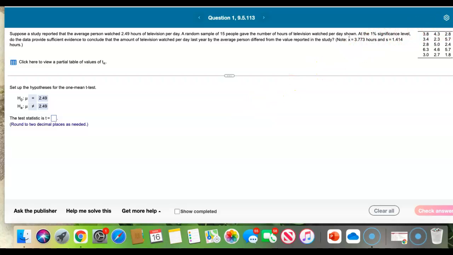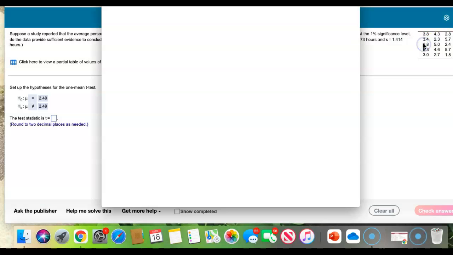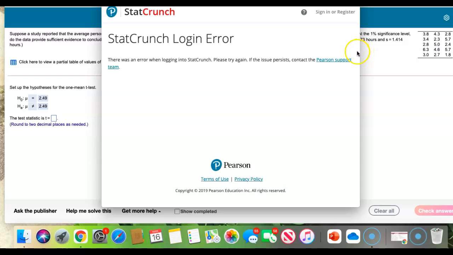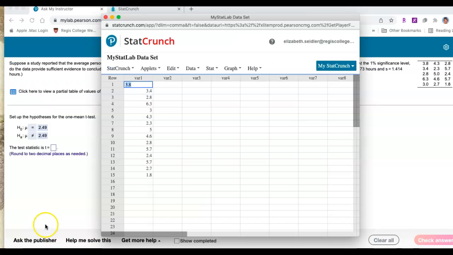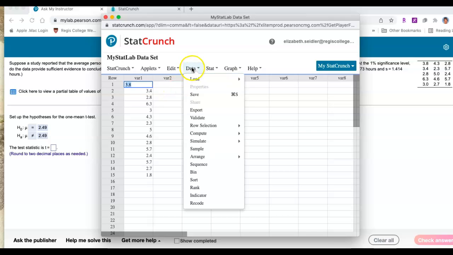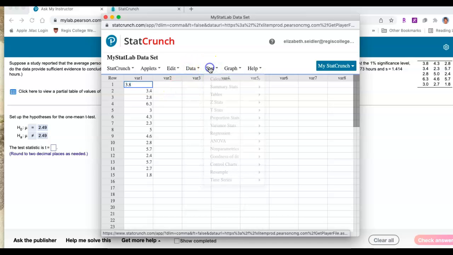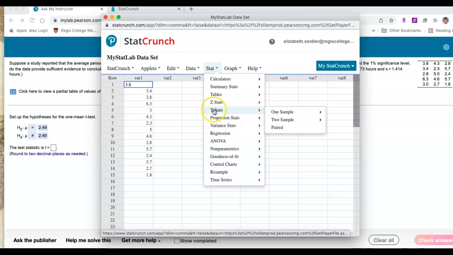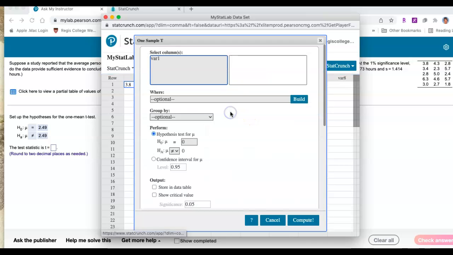Now I will open Statcrunch by using the icon to the right of the data set that is there. My data set is open in Statcrunch, and now I can go to Stat, T-Stats, one sample with data.